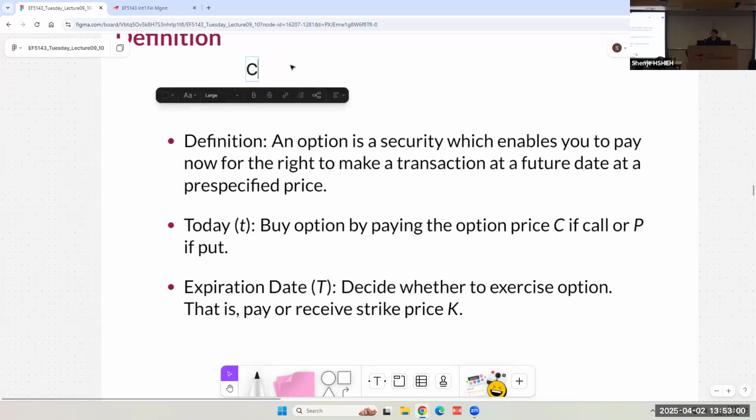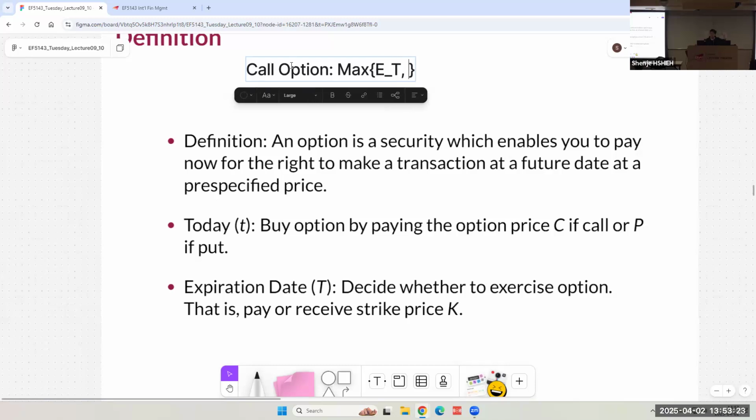So for a call option, it's the right but not the obligation to buy something. Basically, I'm wagering that the underlying asset will exceed this threshold by some amount in order for me to get a positive payout. So for example, sometime in the future, I have the right but not the obligation to buy.